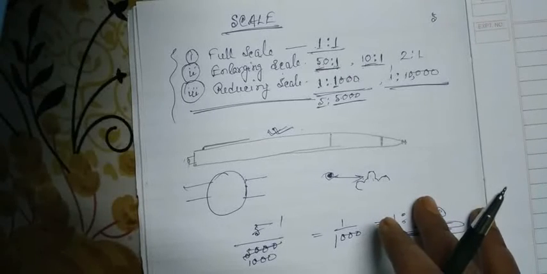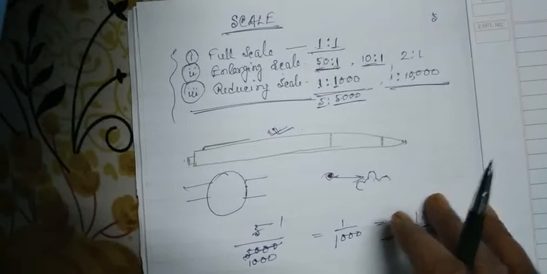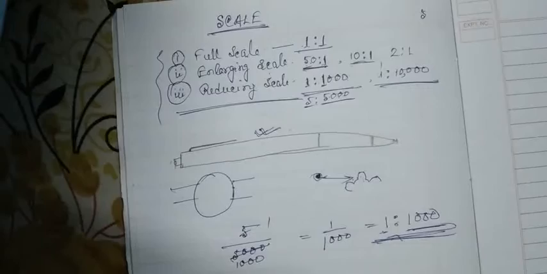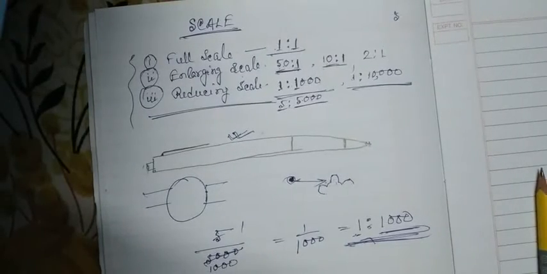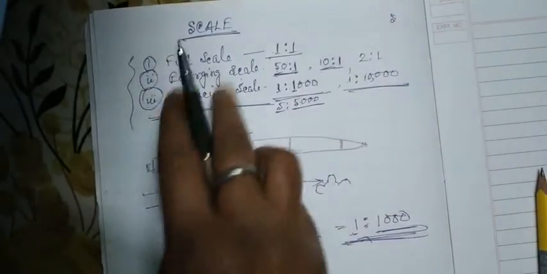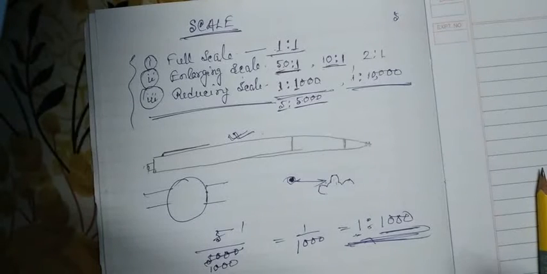Now, the classification of measuring scale. These are the engineering scales, and the classification of measuring scale means we classify the measuring scale into various divisions.